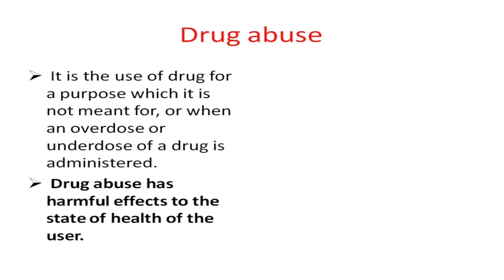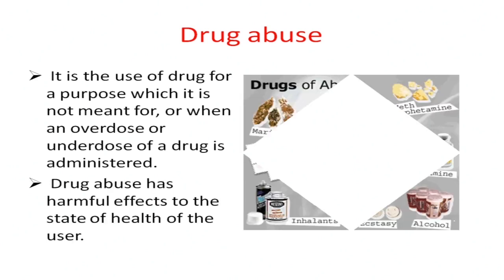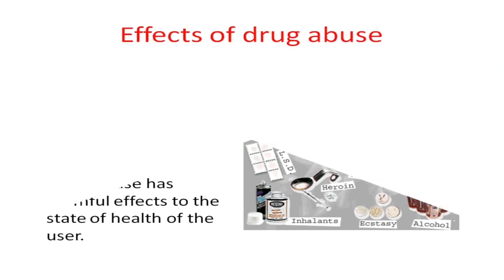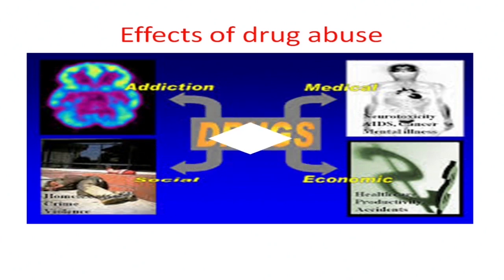Drug abuse has harmful effects on the health of the users, and we can have this here. These are drugs of abuse. From the photos here, you can see some of the commonly abused drugs. What are the effects of drug abuse? So this gives us a summary of the effects of drug abuse.